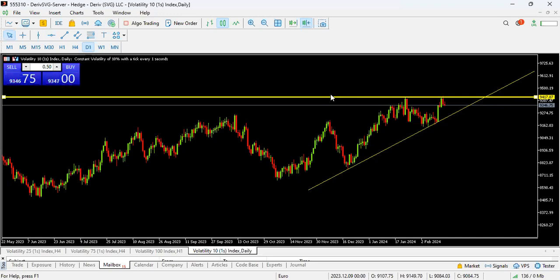But for this sell to be a confirmed sell, the market has to break through this particular trend line. For this sell to be valid enough, this particular trend line has to be broken.